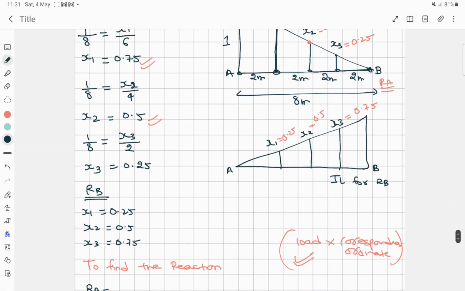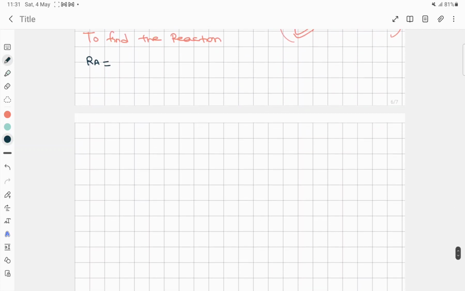In the beam, I have to redraw the diagram, I guess. Okay, so the drawing was like this. Here is RA and this one is RB, and here 3 loads are acting, and the loads were of 20, 60 and 20, right?